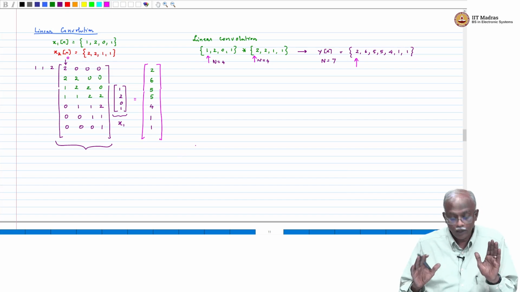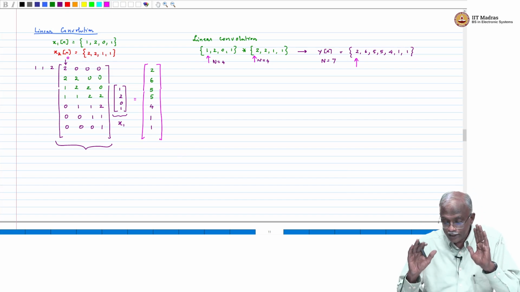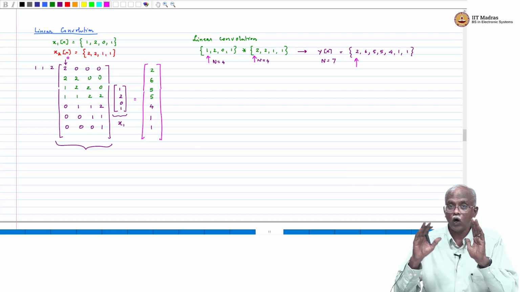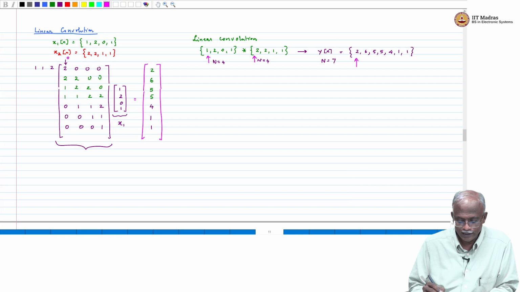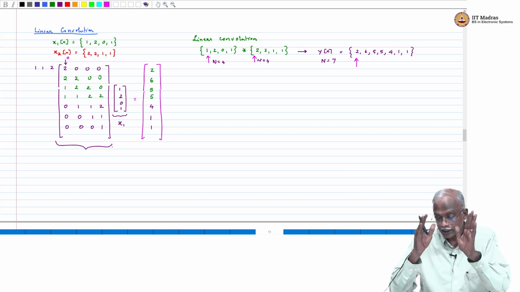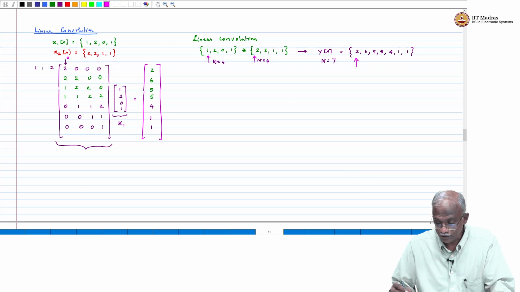All right. Now, can we represent circular convolution also in a compact matrix form? The answer is yes. We will do the same thing, but now remember the two vectors are of length 4.